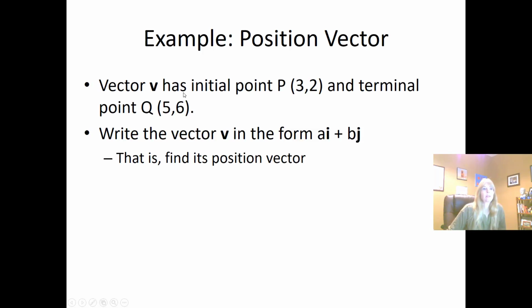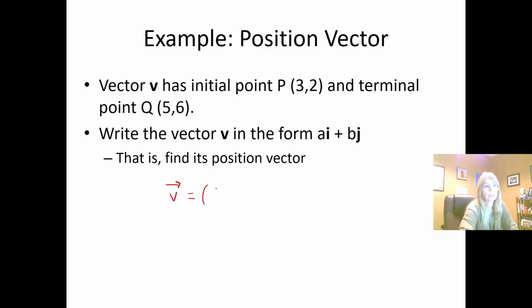All right, so if vector v has an initial point (3, 2) and a terminal point (5, 6), I want to write the vector in the form of my position vector, in other words, with the unit vectors. So let's find the position vector. Sometimes I put an arrow above it, which just states that it's a vector.